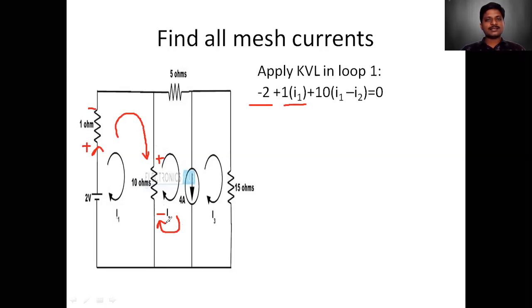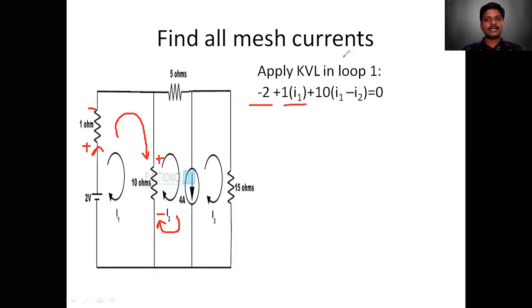Therefore, you have to take the resultant current. So the resultant current in the 10 ohm resistor is I1 minus I2, because we are applying KVL at mesh 1, so we will assume that I1 current is greater than I2 and I3.